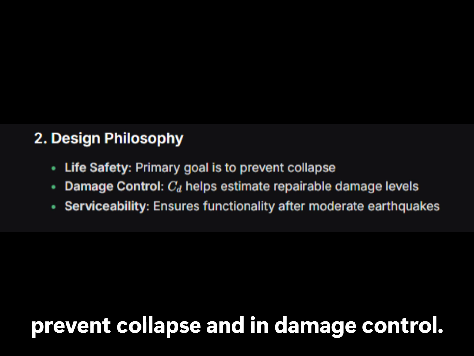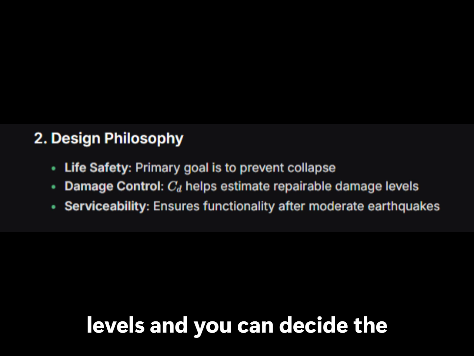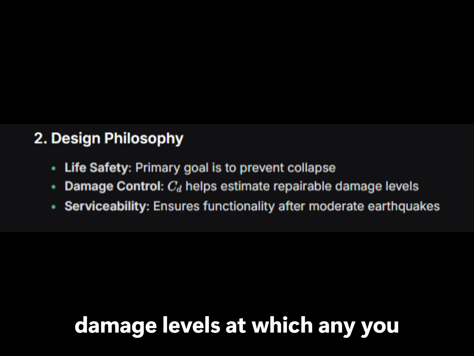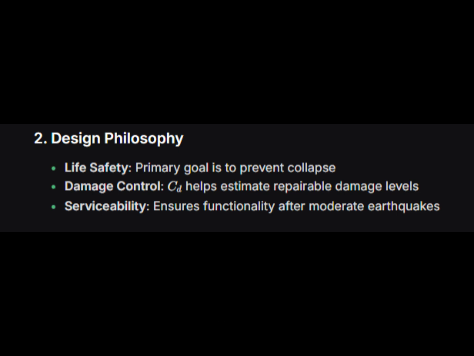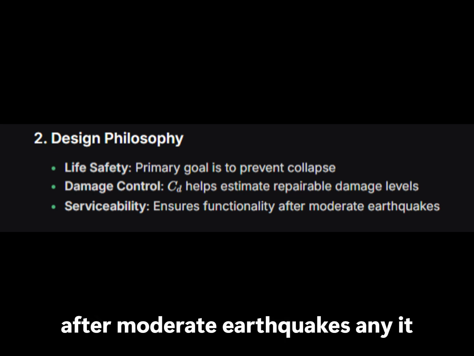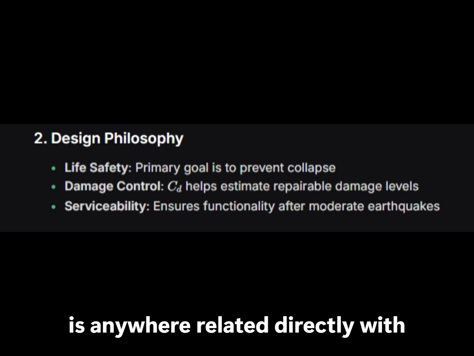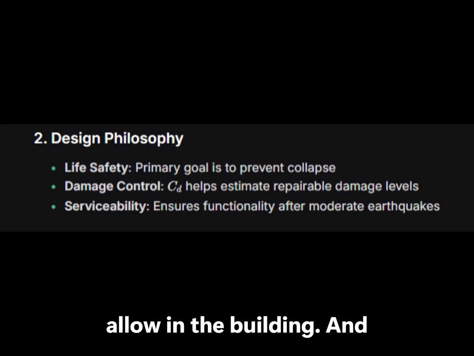In damage control, this CD helps estimate repairable damage levels, so you can decide the damage levels at which you want to design your structure. And serviceability ensures functionality after moderate earthquakes. It is directly related to the damage levels you allow in the building.